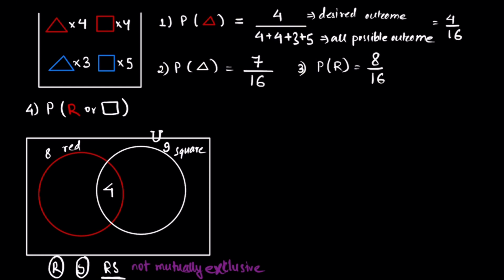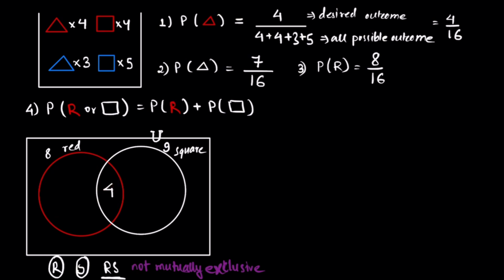But the thing is, you need to find the probability of getting either a red stuff or a square stuff from this bucket when you pick something out of it. So that is going to be equal to probability of getting red plus probability of getting square. But now here's the thing. There is also a probability that you might get a red square. And this red square is a part of red as well as a part of square.